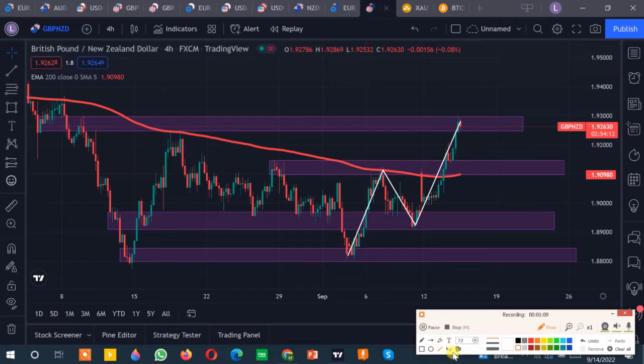It's the Elliott theory. According to Elliott theory, this is point 1, this is point 2, and it is 3.